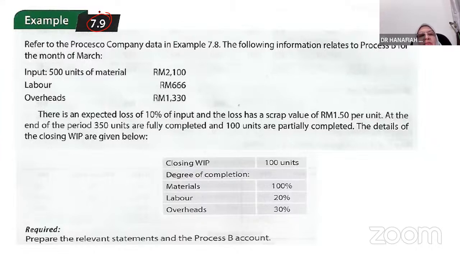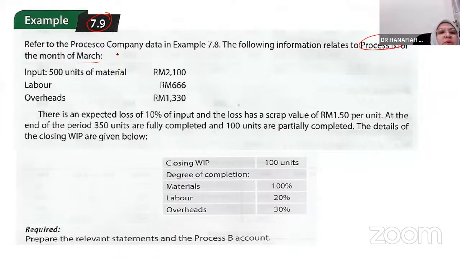But at the same time, for March, process B also has completed units and work in progress.